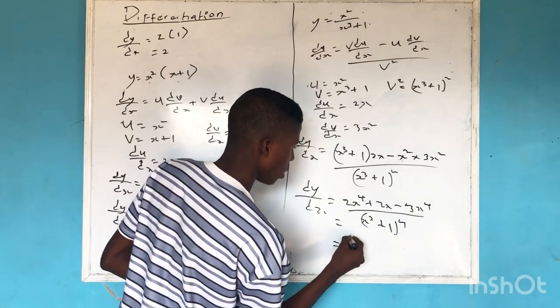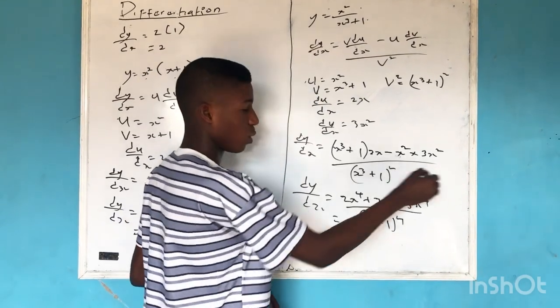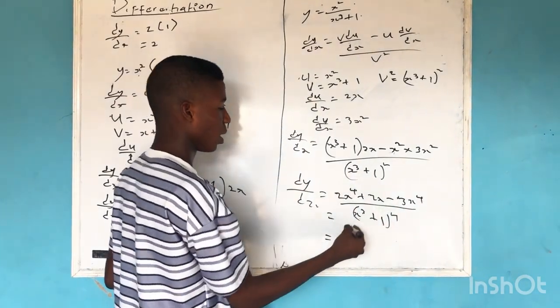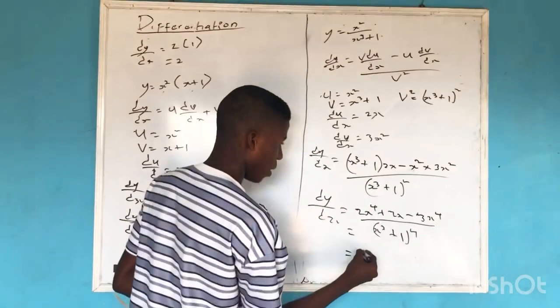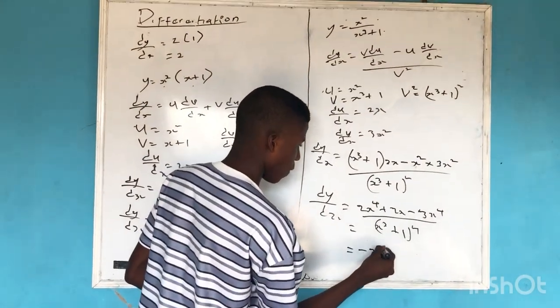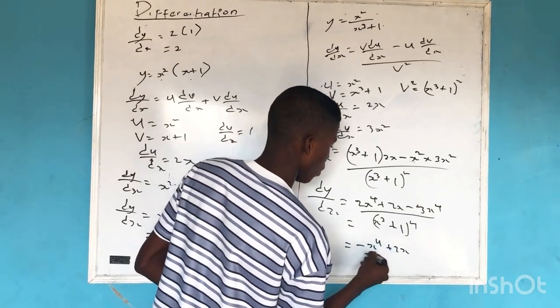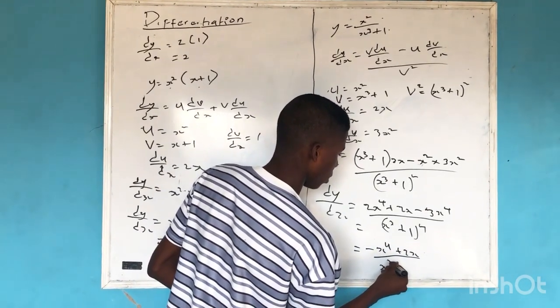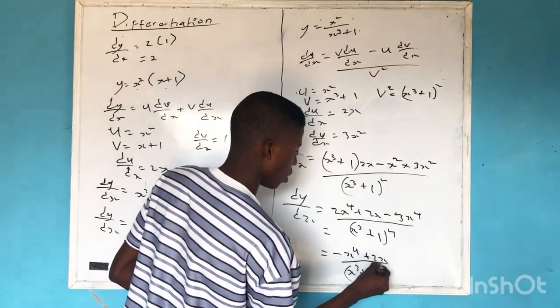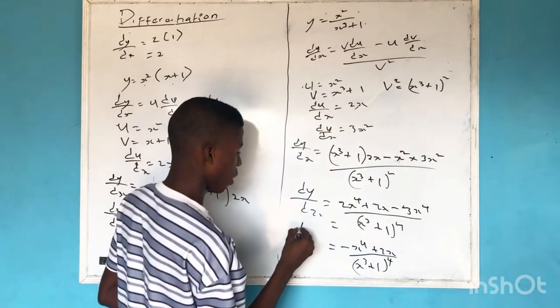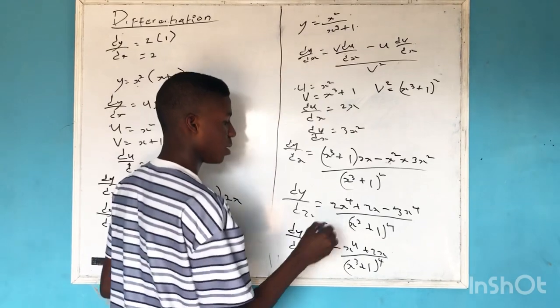And this will give me 2x⁴ minus 3x⁴. Since they are like terms, we bring them together. Then we have minus x⁴ plus 2x all over (x³ + 1) to the power 4. Then our dy dx is this.